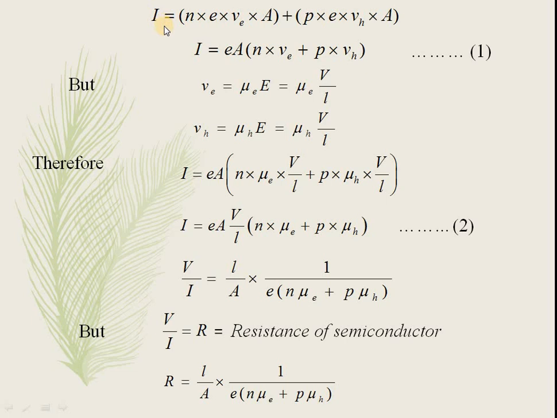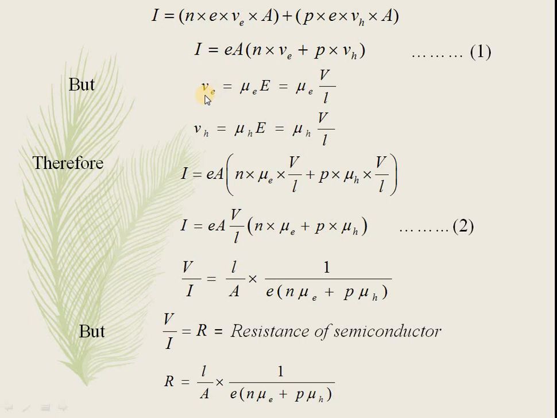We write I is equal to n e v_e A plus, in second bracket, p, that is number of holes, into e, charge on the holes, into v_h, that is drift velocity, into area A. From this we take e and A common, so we can write I is equal to e A (n v_e plus p v_h). We call this equation number 1.